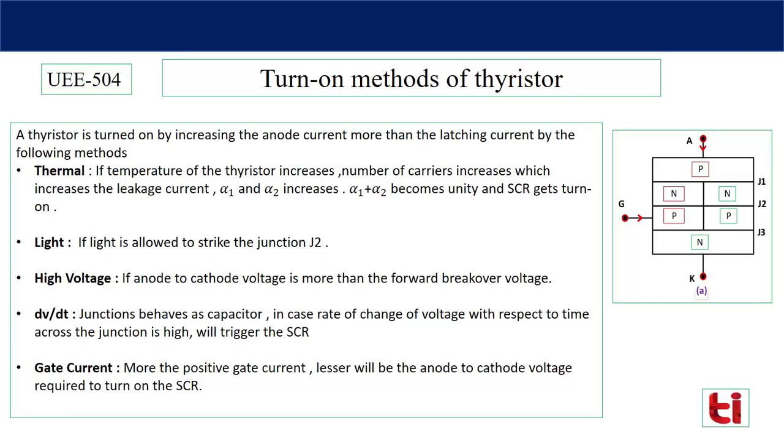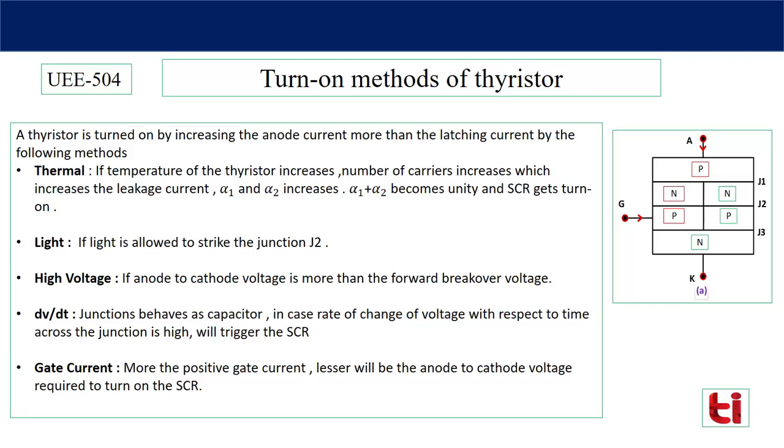This is also known as thermal triggering of thyristor. If the temperature of the thyristor increases for any reason, whether because of increasing environmental temperature or because of the heating effect of nearby devices, junction J2 will break down.